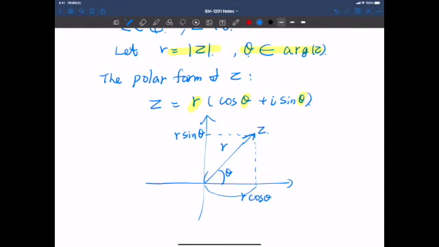So instead of expressing this z in terms of real part and imaginary part directly, we can express it in terms of its modulus and the argument. So that's the polar expression. Of course, this part has the modulus of 1. It's a unit complex number, and this is a positive real number.